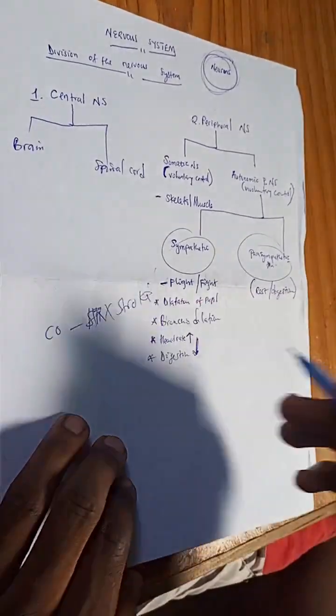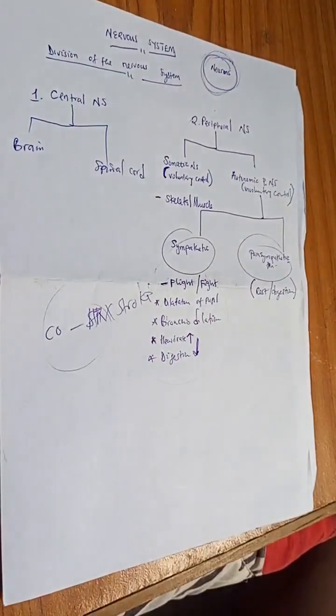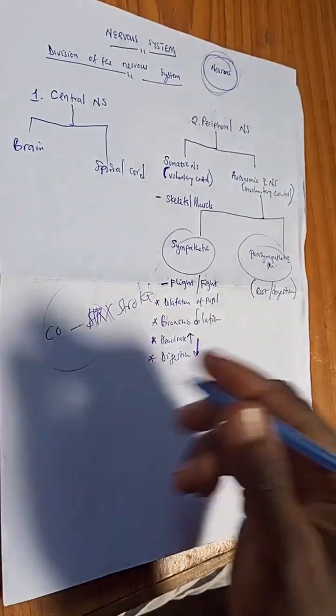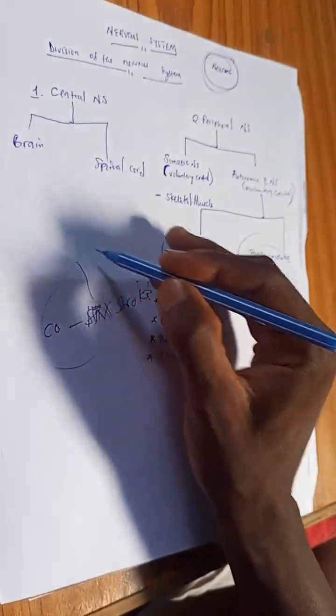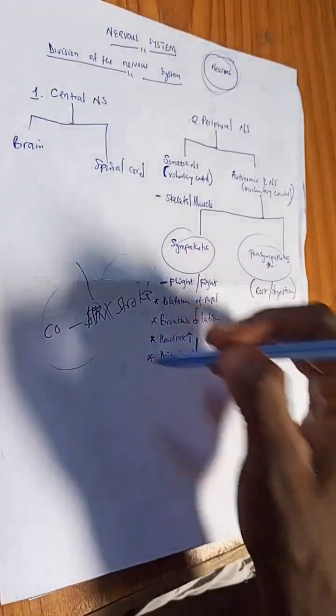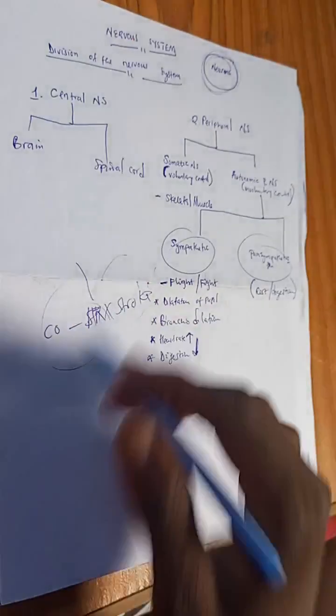So for you to have an increased cardiac output, you need to increase either the heart rate or the stroke volume. The stroke volume is just the amount of blood that is ejected from the ventricles of the heart with each contraction. So that's it.